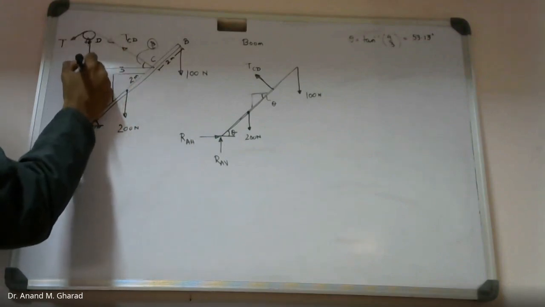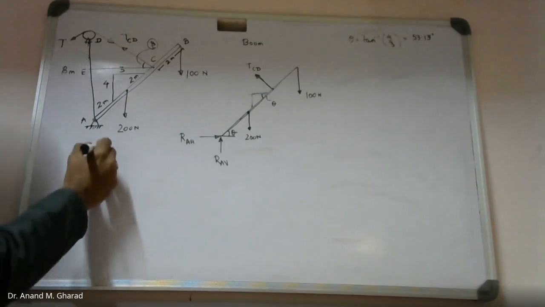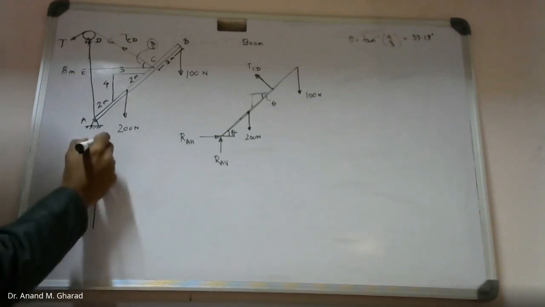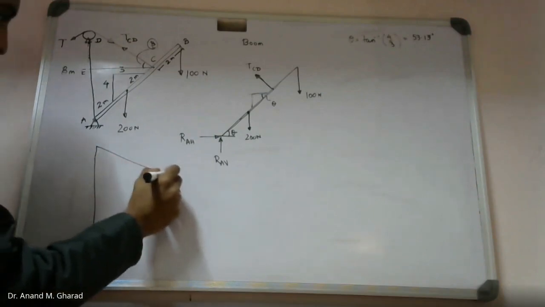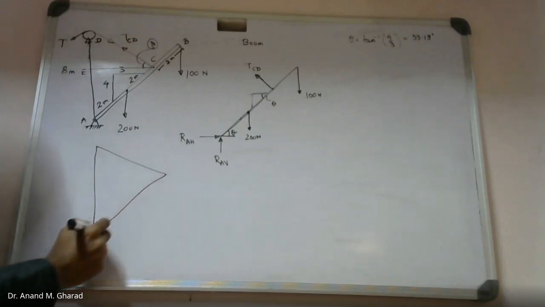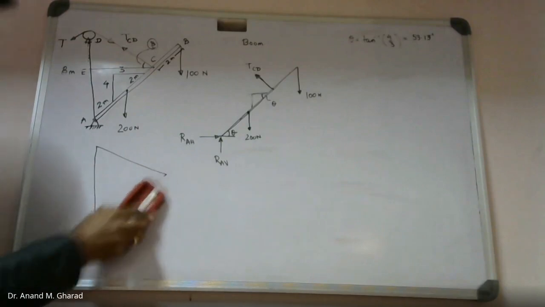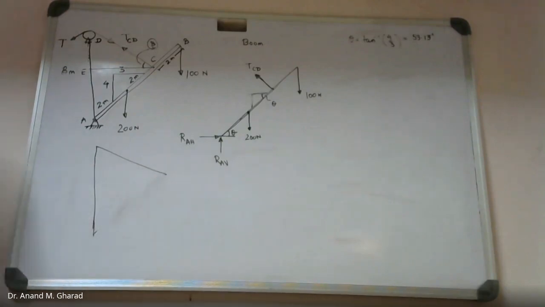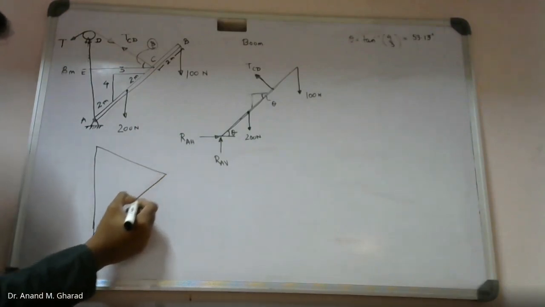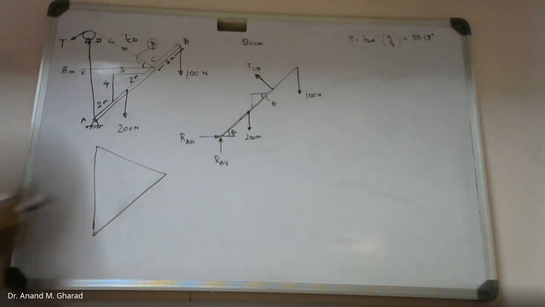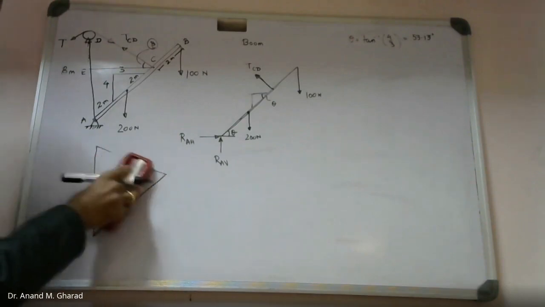So let me call this point to be point E. So this will form a triangle like this, and this is straight line.